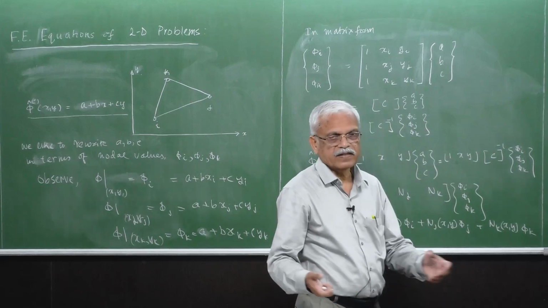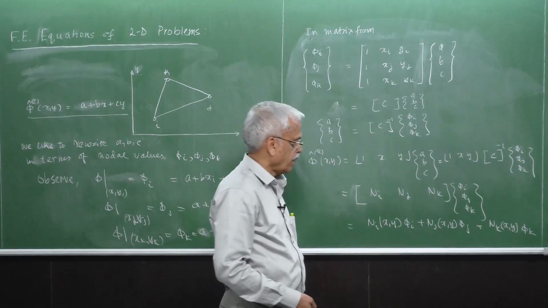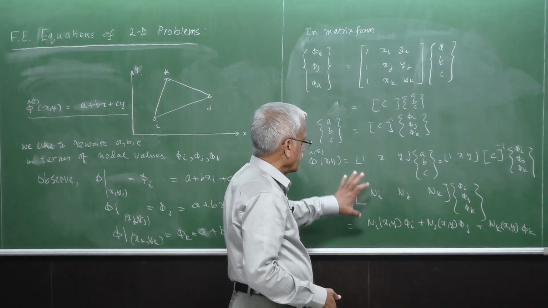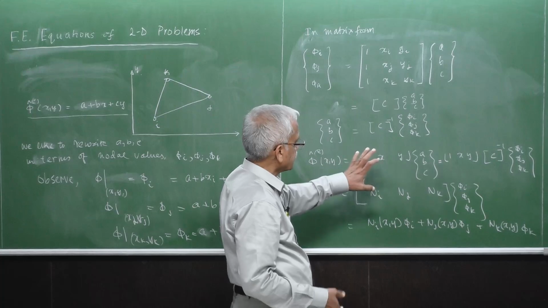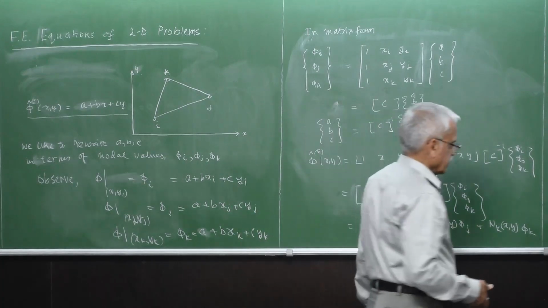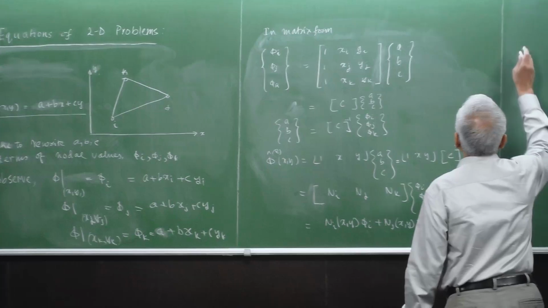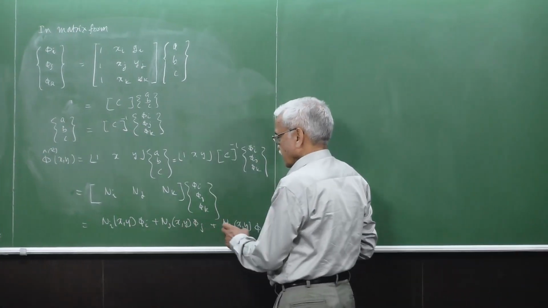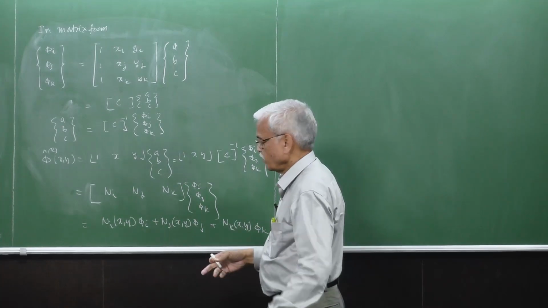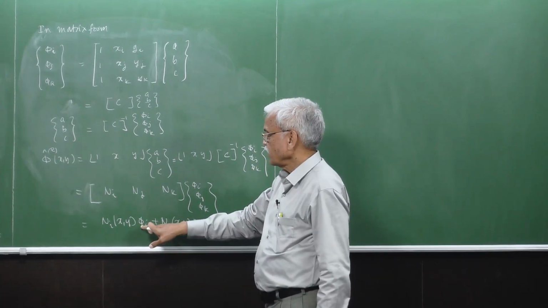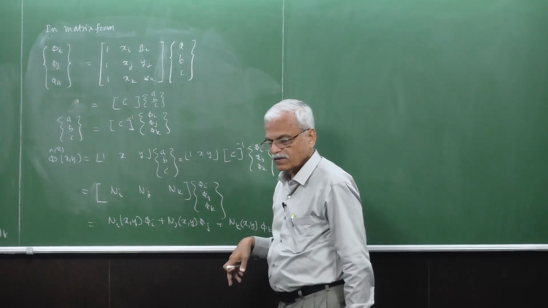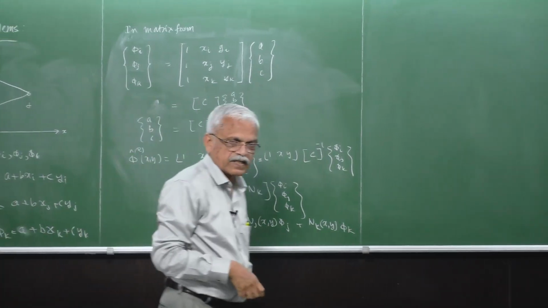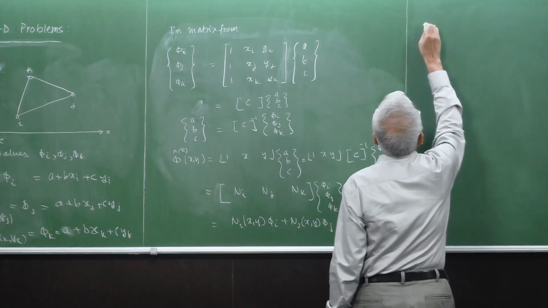Mathematically this seems straightforward, but a little involved, though not coding wise. But let's look at an alternate way. These Ni, Nj, Nk are called the shape functions, maybe trial functions, associated with the nodes i, j, and k. I will explain what we mean by the shape functions and what their characteristics are.